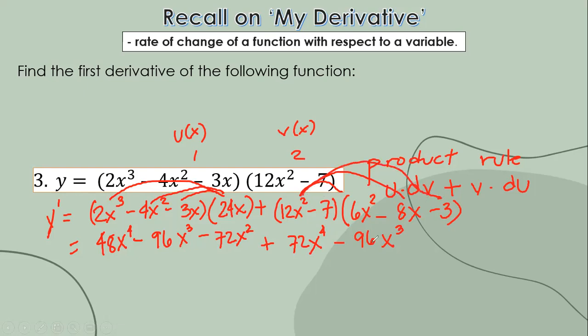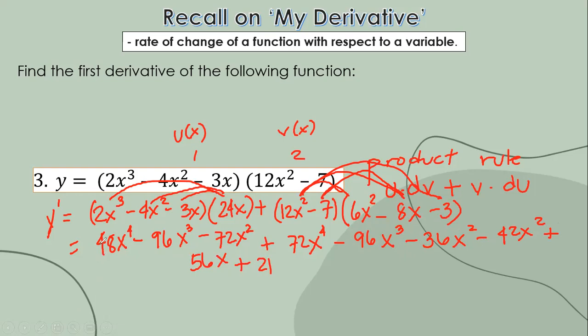Then, pangatlo, 36 minus 36x squared. And then, minus 42x squared plus 8 times 7 is 56x and then plus 21.